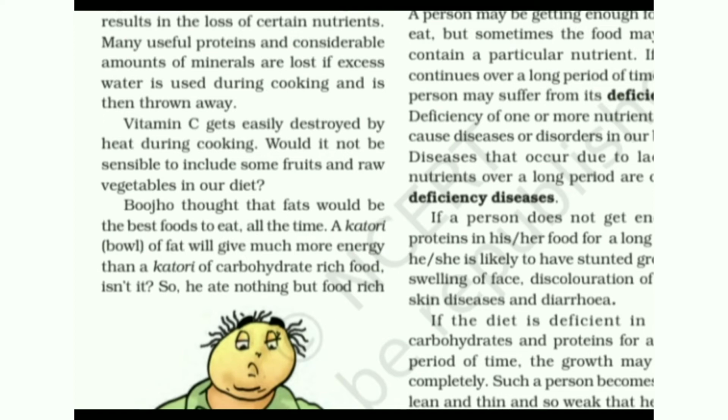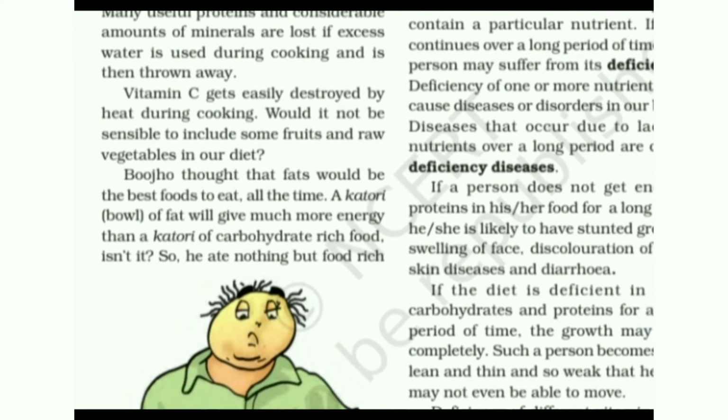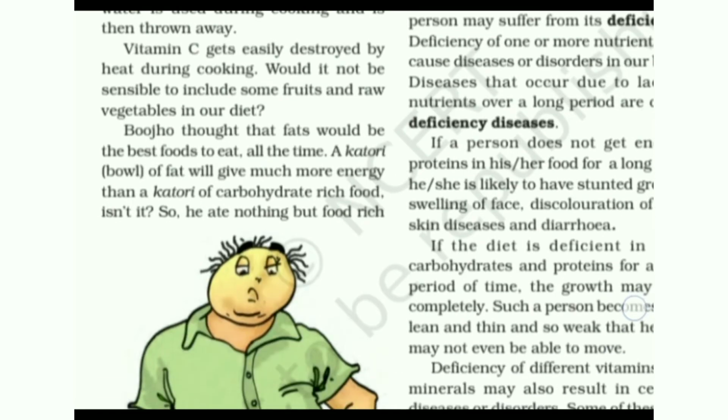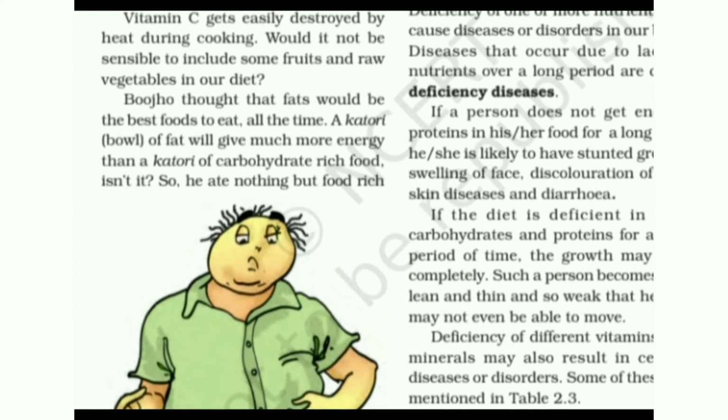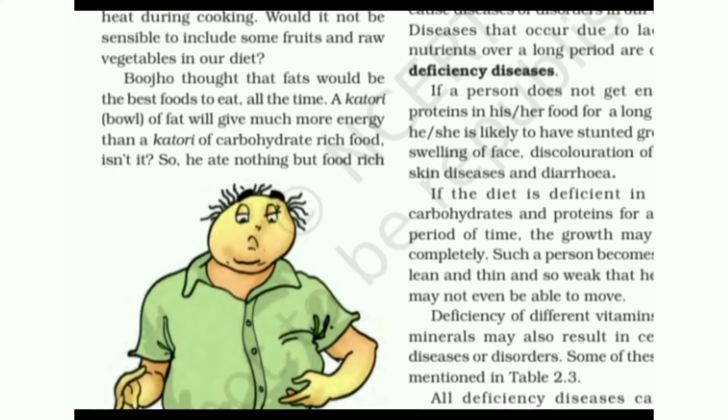Vitamin C gets easily destroyed by heat during cooking. So you have to remember that vitamin C is mainly destroyed by overcooking, right? Would it not be sensible to include some fruit and raw vegetable in our diet?